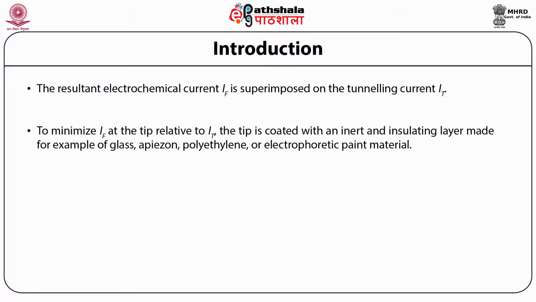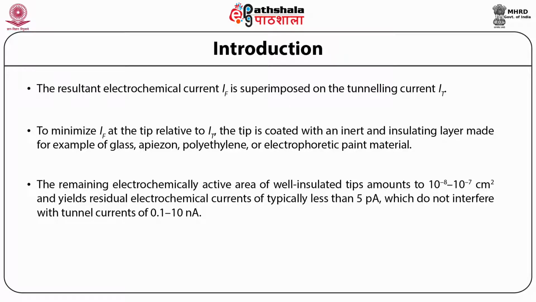The remaining electrochemically active area of very well insulated tips amounts to 10 to the power minus 8 to 10 to the power minus 7 centimeters square and yields residual electrochemical currents of typically less than 5 picoamperes, which do not interfere with the tunnel current of 0.1 to 10 nanoamperes.